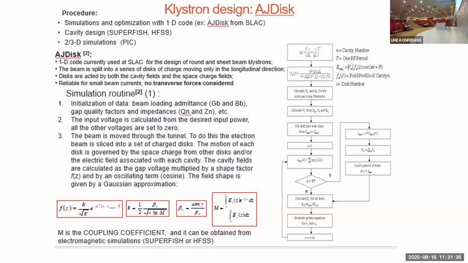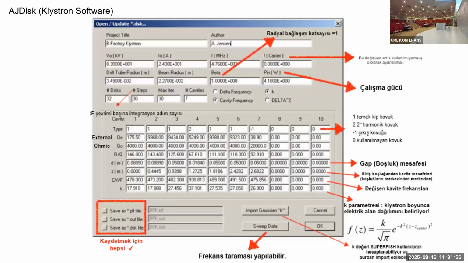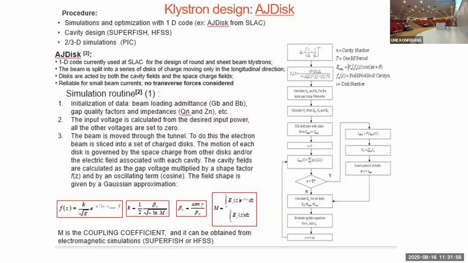You can read it, going deep inside the AJ, and you can find all of the formulas in here. But how can you realize the reality? And the algorithm of the flowchart of the AJ Disk also.